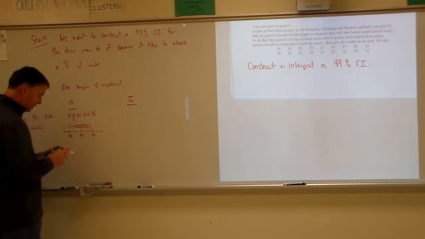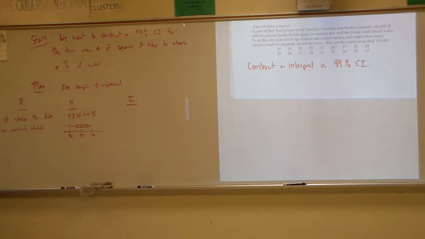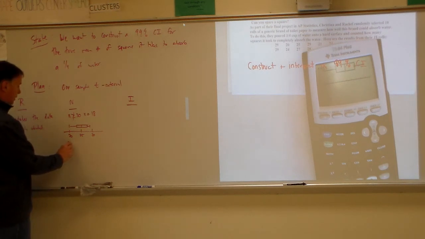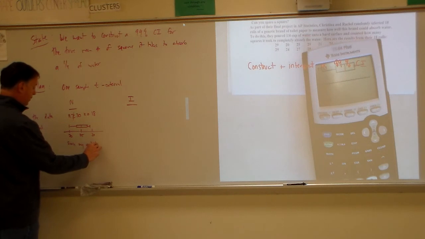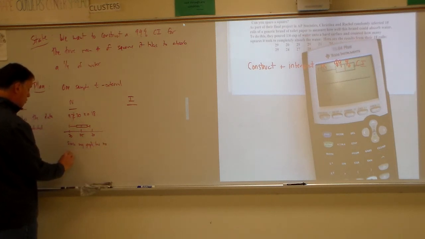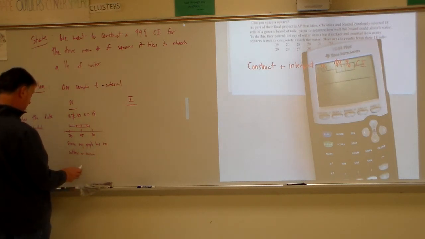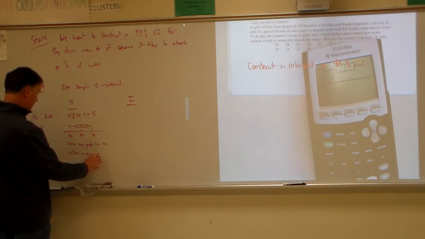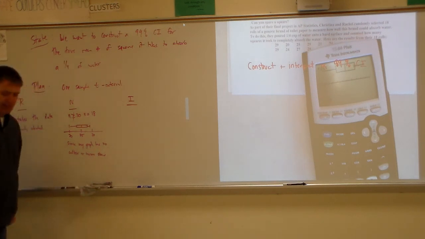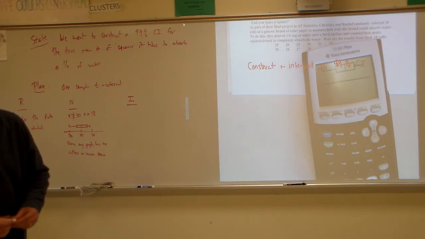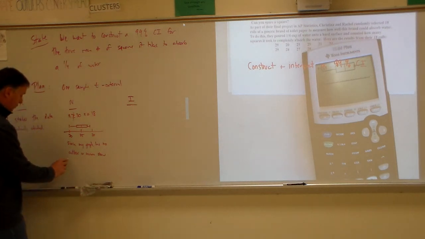And I say, since my graph has no outliers or severe skew, you see the actual terminology that they want there, we can use the normal approximation.